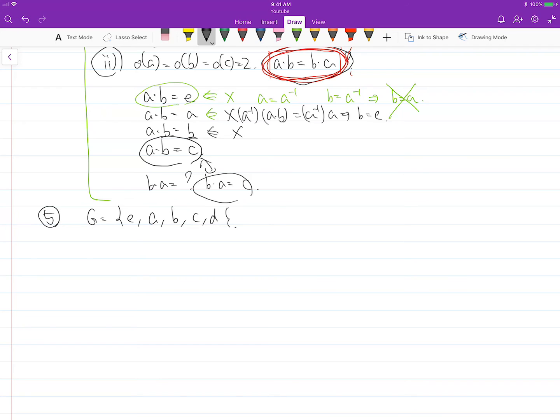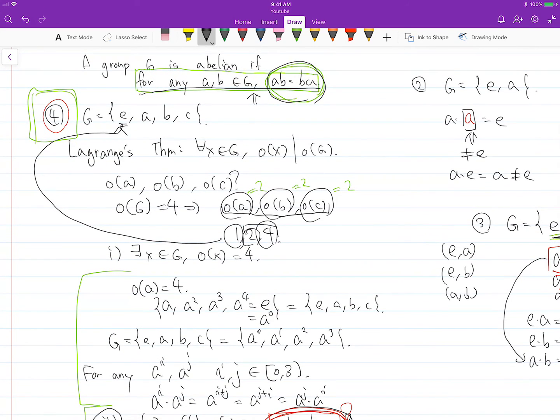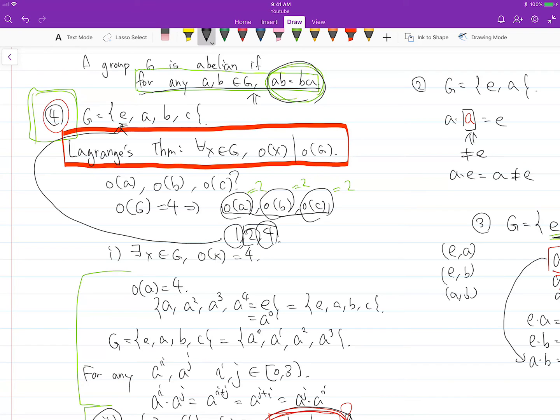We're going to use a similar argument. I'm going to use Lagrange's theorem: every element in a group has an order that divides the order of the group.